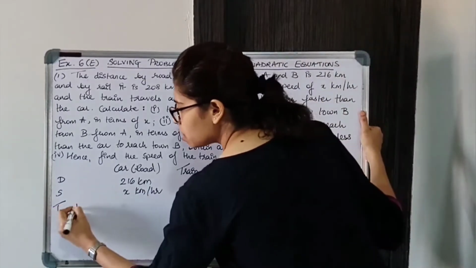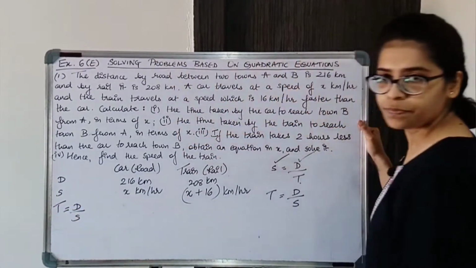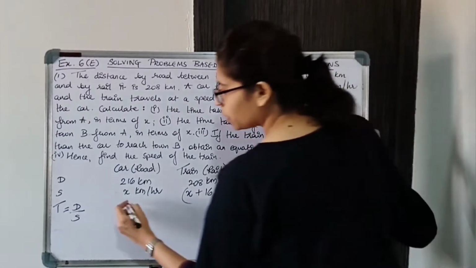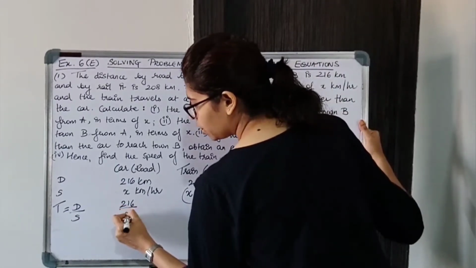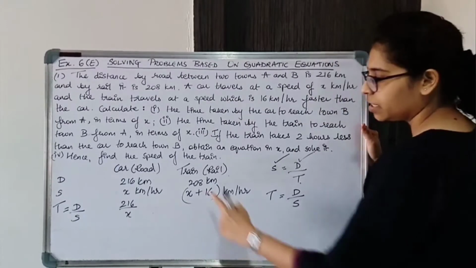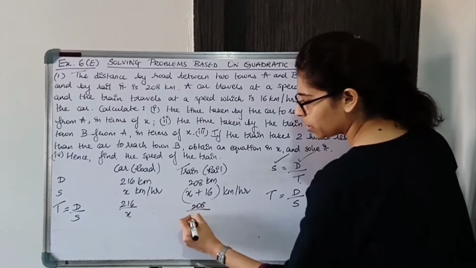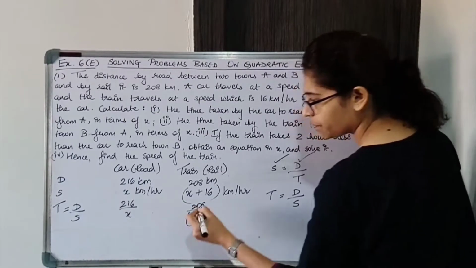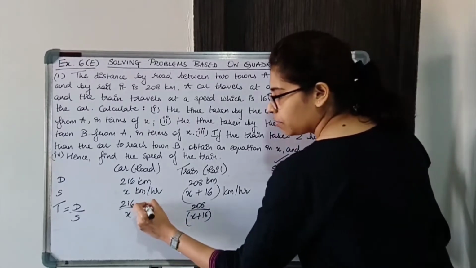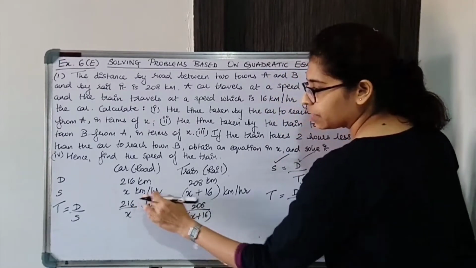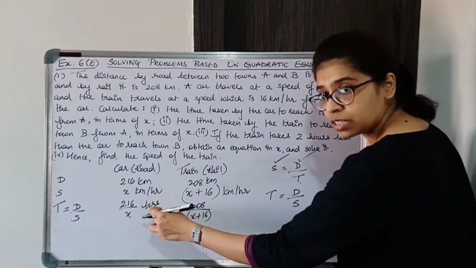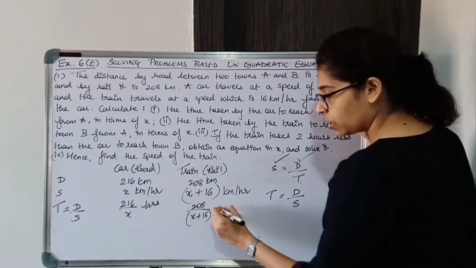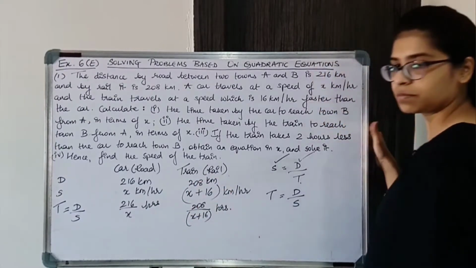Time is distance upon speed. Now it will be 216 upon x. Here it will be 208 upon x plus 16. Time will be in hours because over here we are given kilometer per hour, so time will be in hours only, the units will not change.